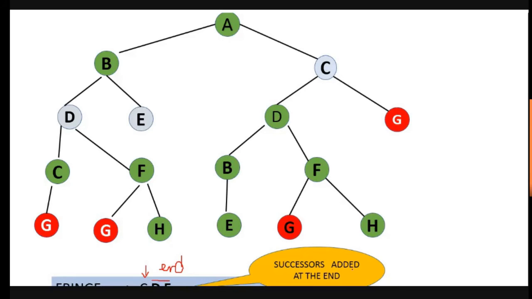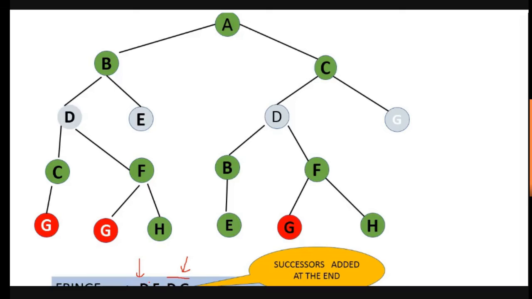Now my C has to be expanded, with D and G. Here I have inserted them, but in the meanwhile, D and E have been shifted towards the left-hand side.